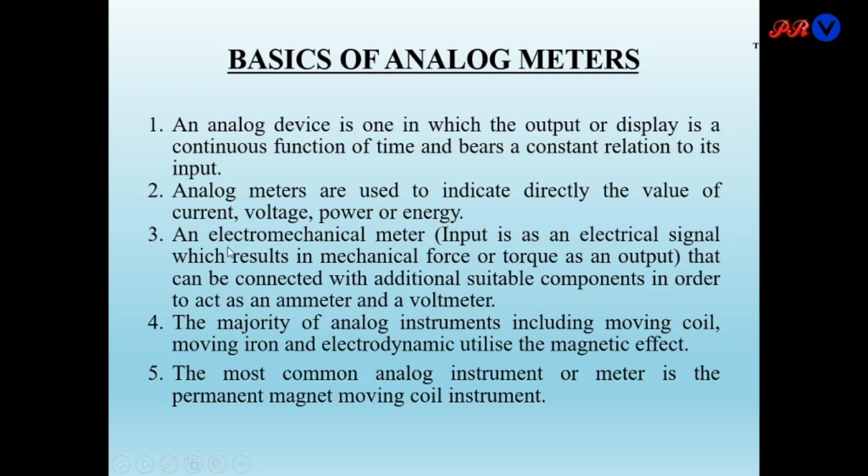Third is an electromechanical meter, which is also known as an analog meter, in which the input is an electrical signal which results in mechanical force or torque as an output. So what is an electromechanical meter? Here electro means the input is in electrical form and the output is in some mechanical displacement or force.